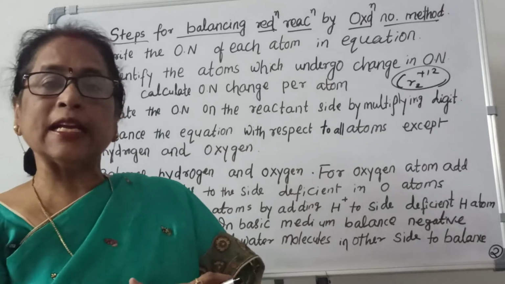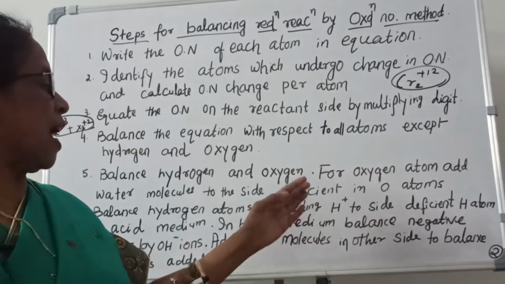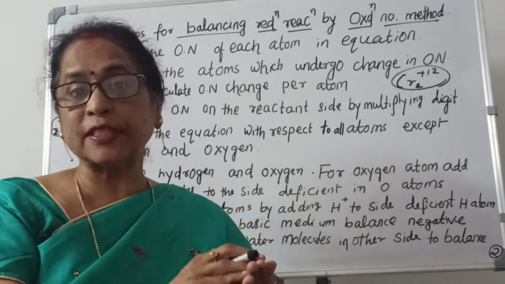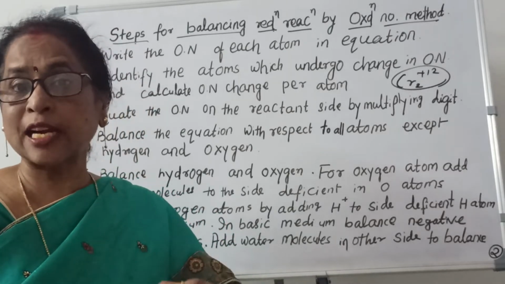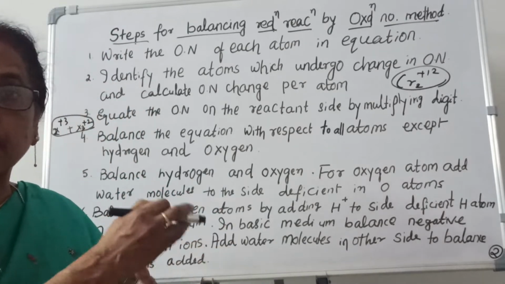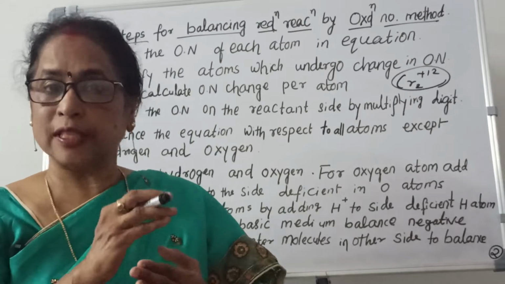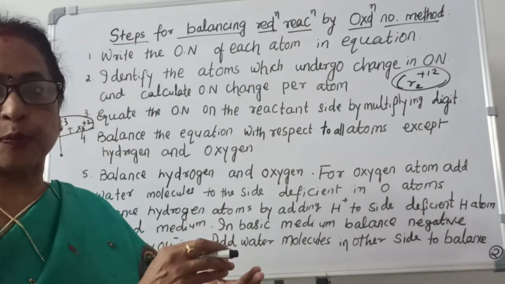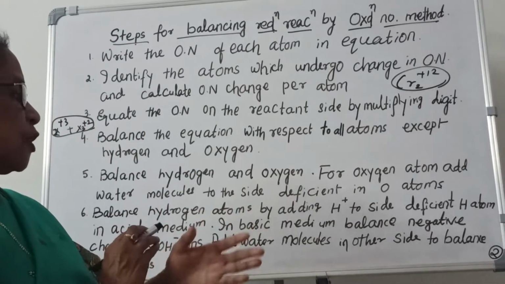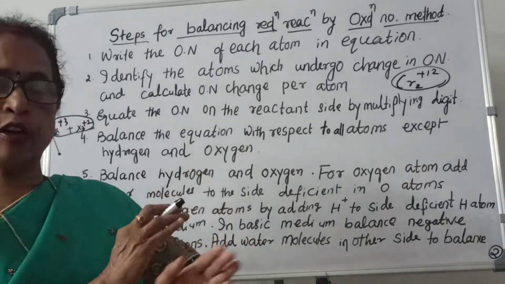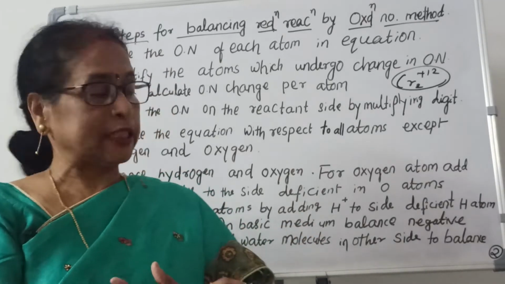To do this, add H plus ions on the side that is deficient in hydrogen. When you add H plus ions, it automatically becomes balanced.